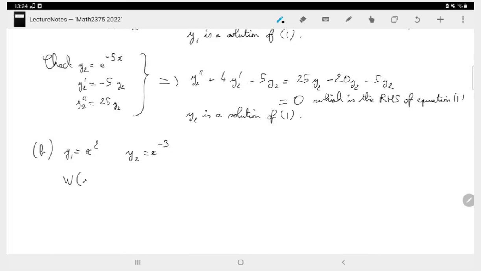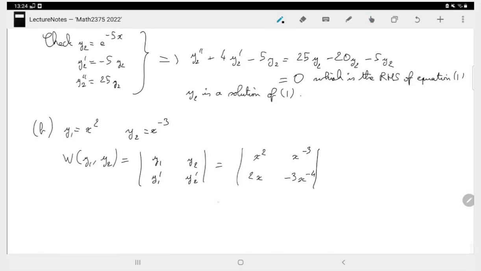So the Wronskian is the matrix with y1, y2, y1 prime, y2 prime, which is x squared, x to the minus 3, 2x, and minus 3x to the minus 4.